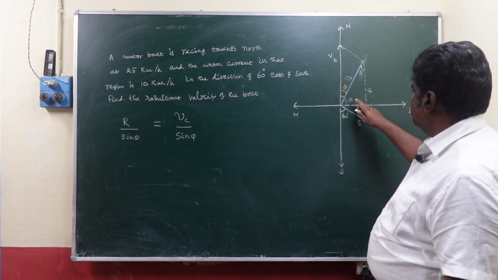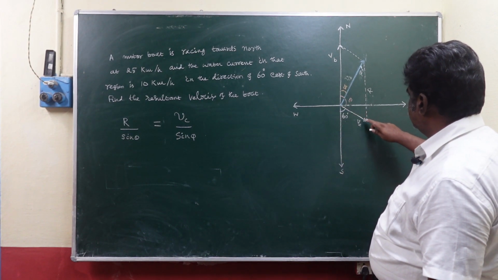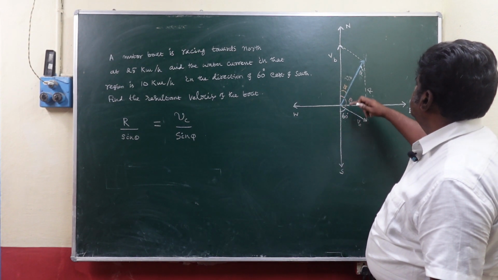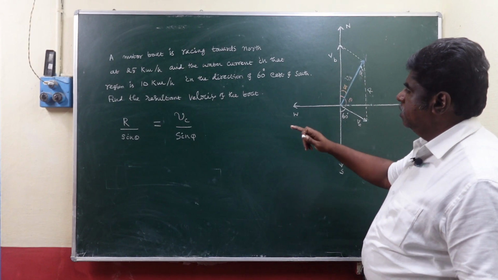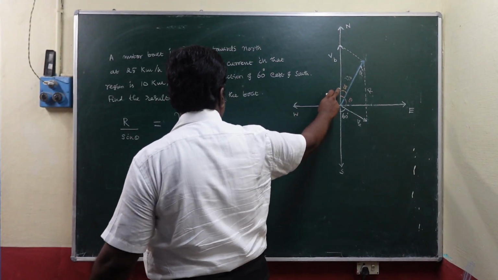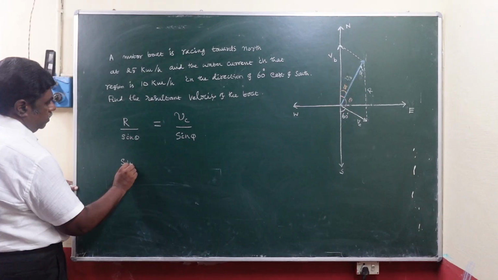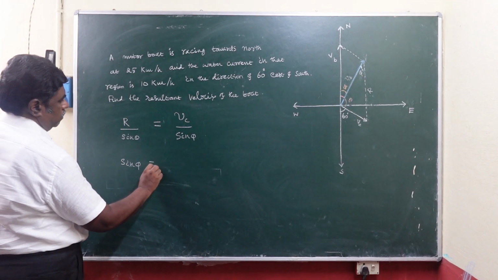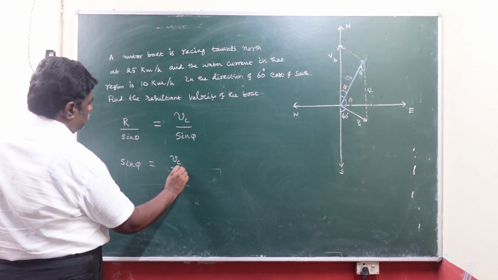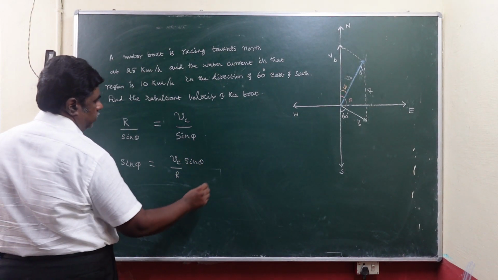R divided by sine of the opposite angle. R divided by sine theta, which is equal to this side VC divided by sine of the opposite angle, sine phi. We should find out the value of phi, this angle. Sine phi is equal to VC divided by R into sine theta.